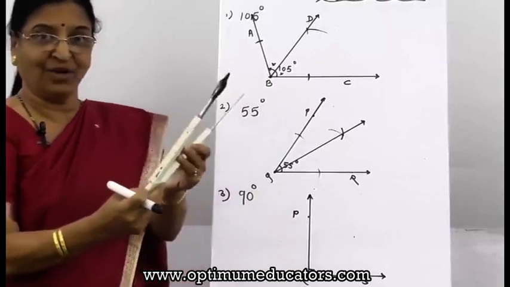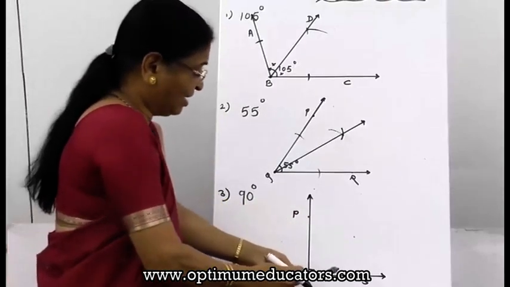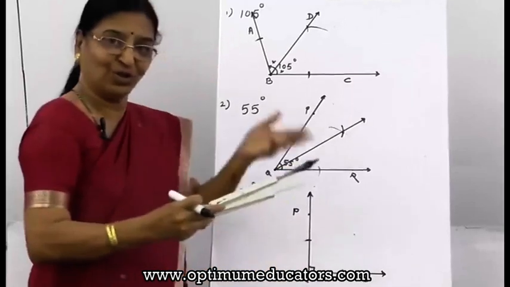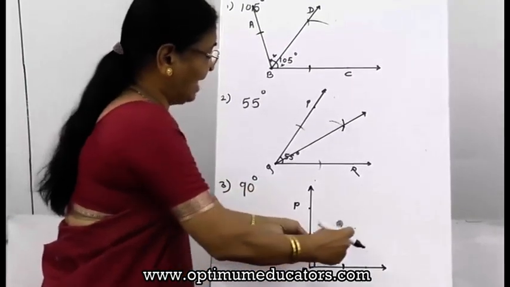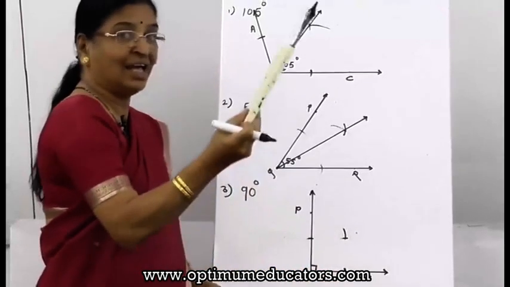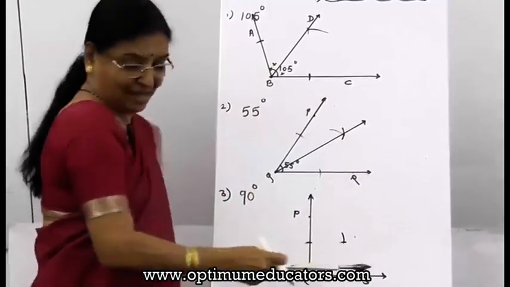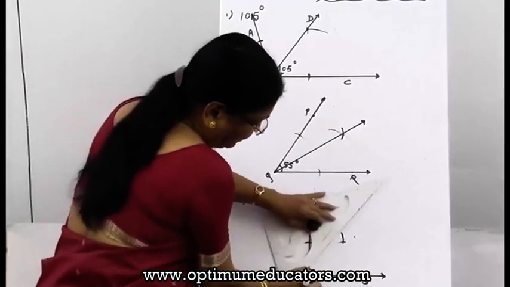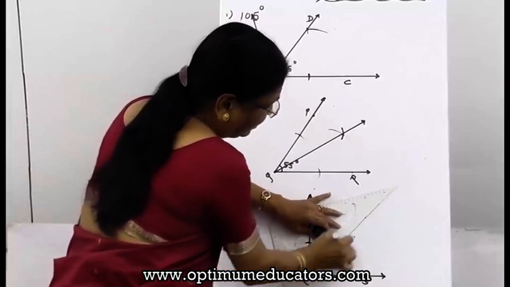Again take your compass, have a convenient distance, not very small, not very long, so that you can mark them with the given equal angle. See, this is a distance, you are marking these arcs, and then join the point of intersection.